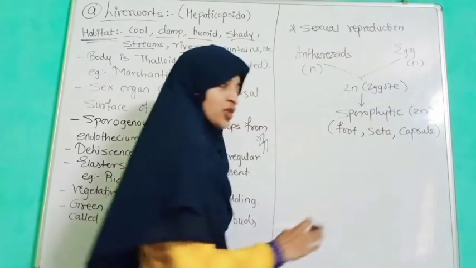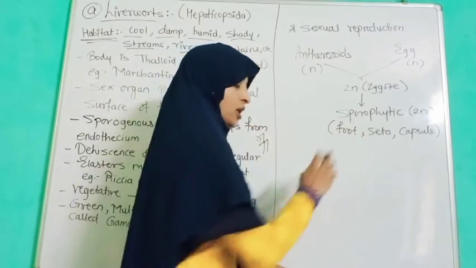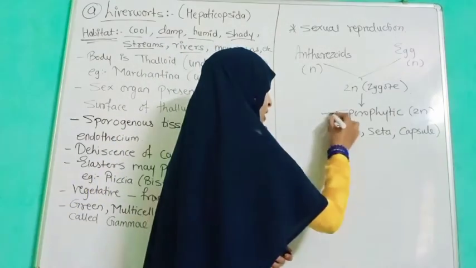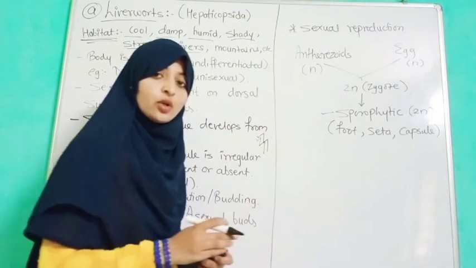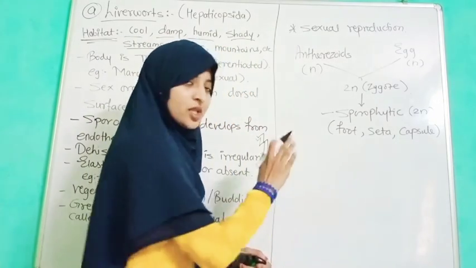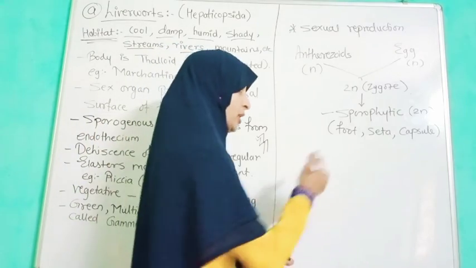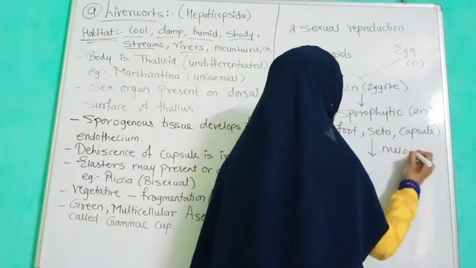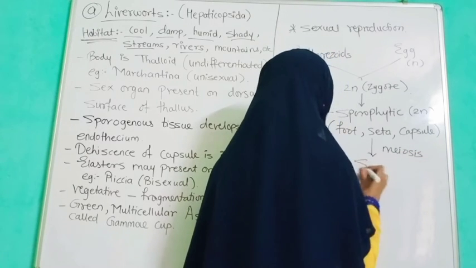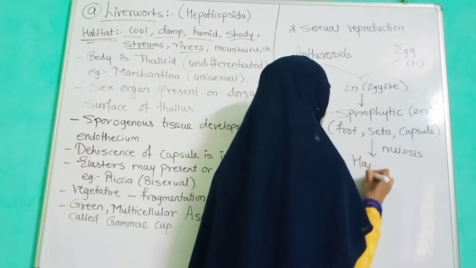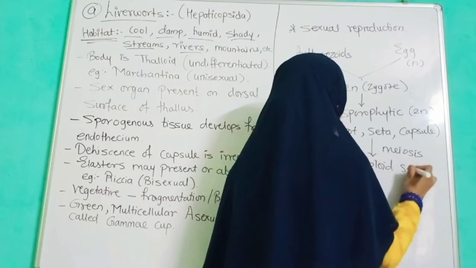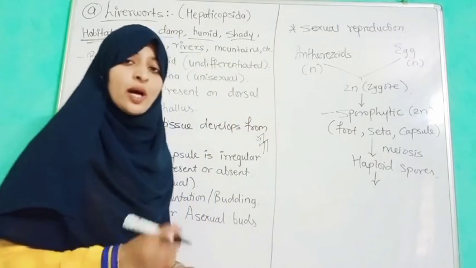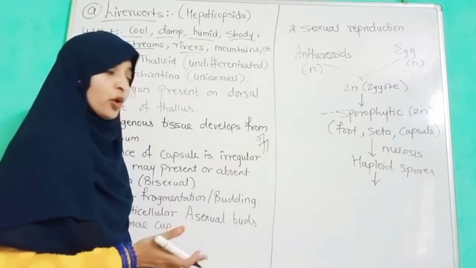This sporophytic stage is present on the parent body only, because it is not a free-living body. The sporophytic body undergoes meiosis to form haploid spores, and from these haploid spores a new haploid gametophytic body is formed.